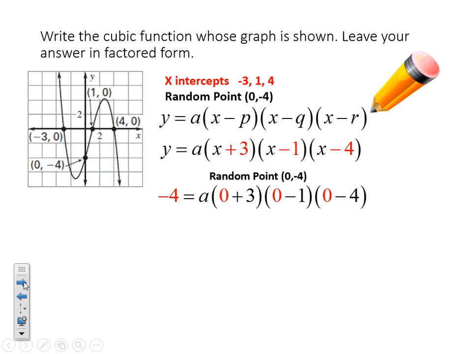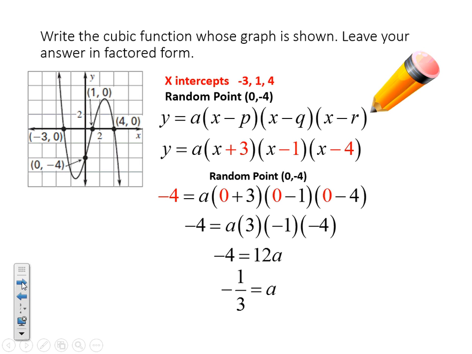So the 0 goes where the x is, the -4 goes where the y is, and then we go ahead and calculate. Inside my parentheses, 0 plus 3, 0 minus 1, 0 minus 4. If I figure all of those out, I get 3, -1, -4, and if I multiply all of those next to that a, it becomes 12. So -4 equals 12a, divide by 12, and you get -1/3 for the a.